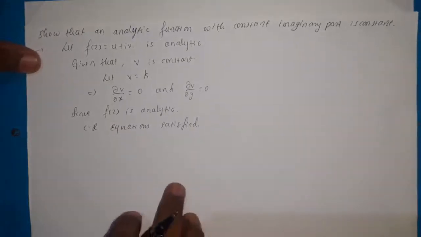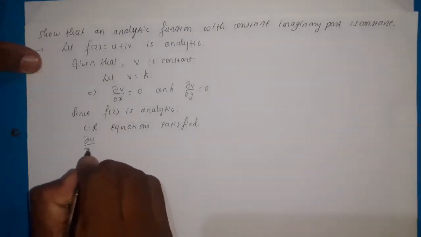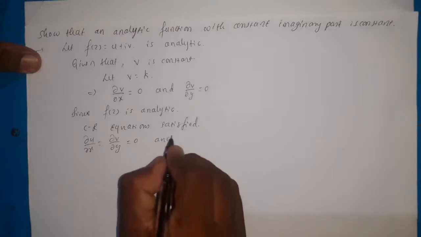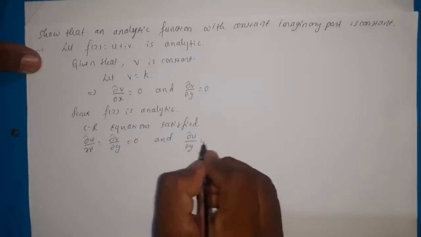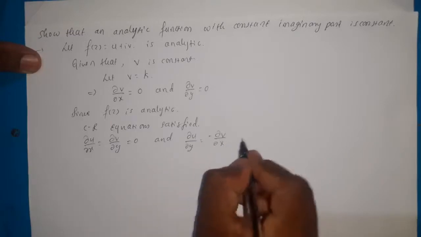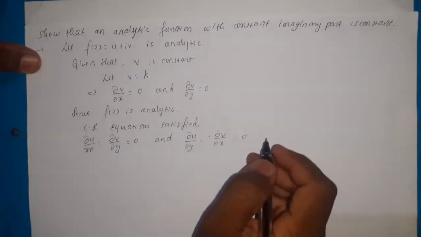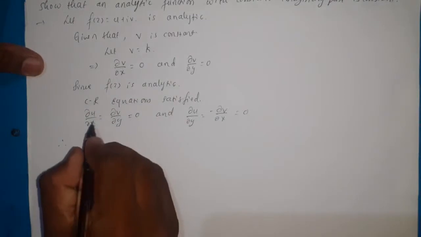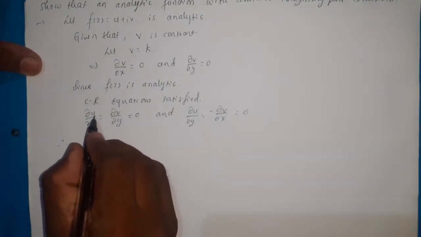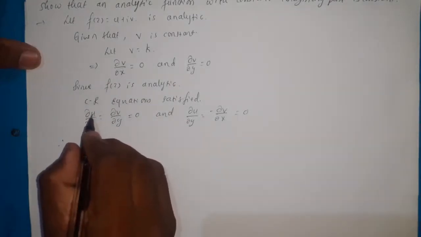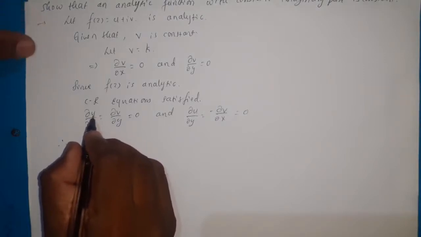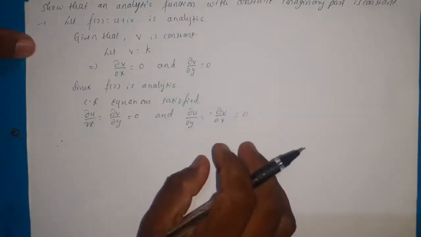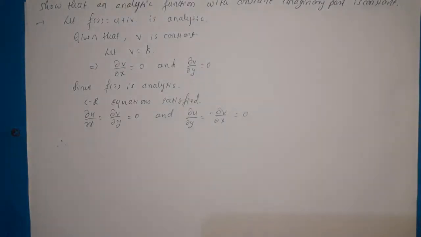So, if the CR equations are satisfied, then dou u by dou x equal to dou v by dou y is equal to 0, and dou u by dou y equal to minus dou v by dou x equal to 0. Therefore, the derivative of the real part u with respect to x and y is equal to 0, means u is independent of x and y.